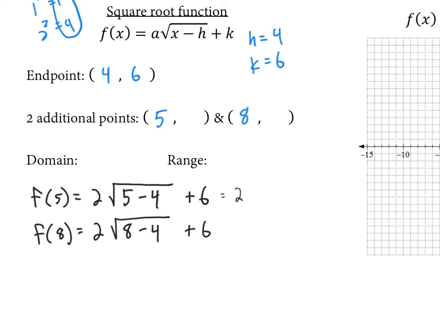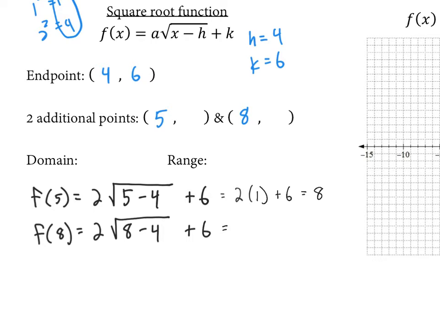This is 2 times the square root, so 5 minus 4 is 1, square root of 1 is 1, so this is 2 times 1 plus 6, and that's just 8.